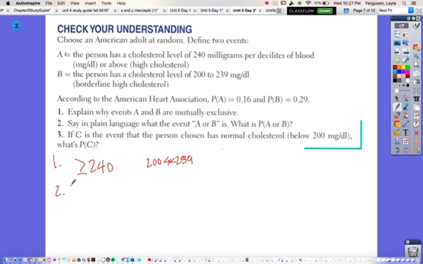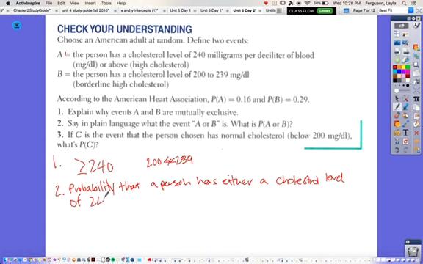So what this means is that you basically have what is the probability that a person has either a cholesterol level of 240 or up, or a cholesterol level between 200 and 239.